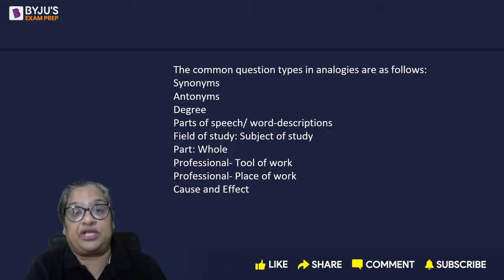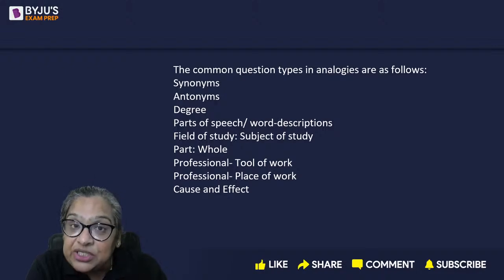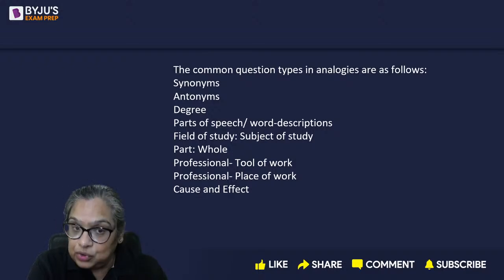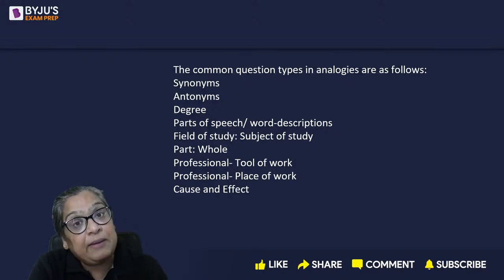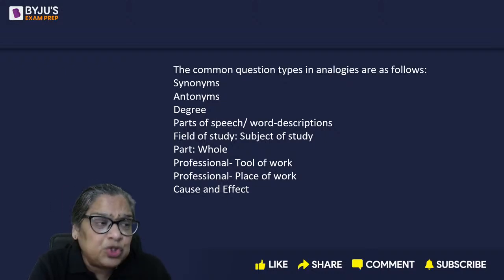It could be part to whole. Word is to dictionary as something else is to something else. Professional and his tool of work. Painter, surgeon, farmer, what are their tools of trade? You would be given those analogies. Professional and place of work, actor, theatre. They could also be cause and effect.